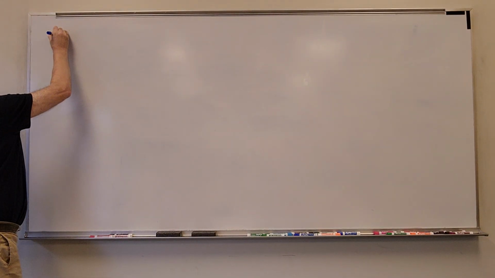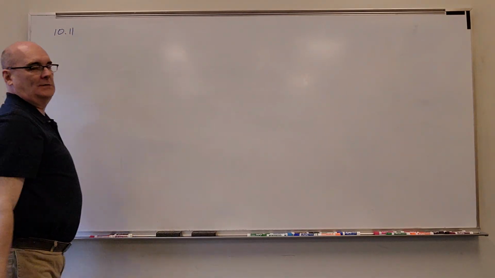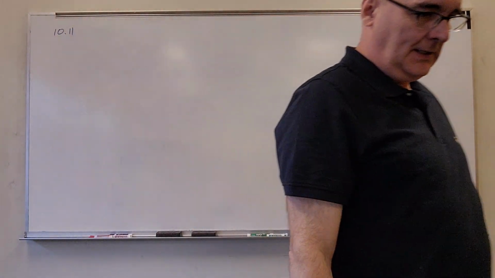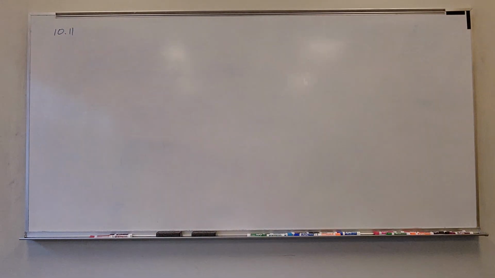So question 1011 says, find the PE value for acidic water at which the ratio of concentrations of iron 3 to iron 2 is 100 to 1.